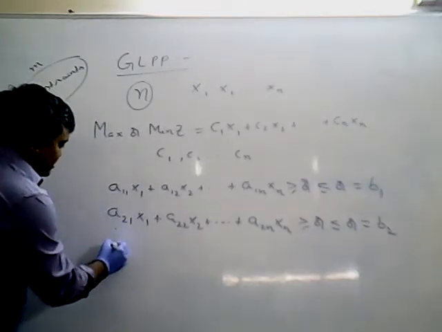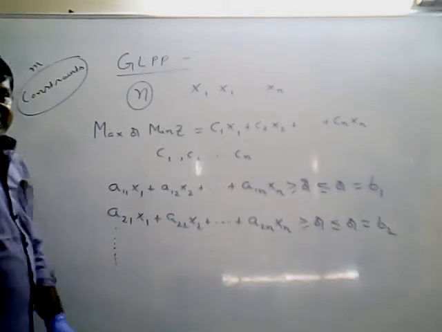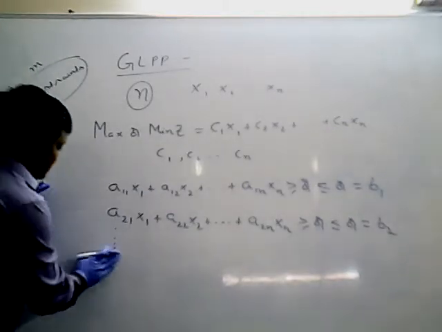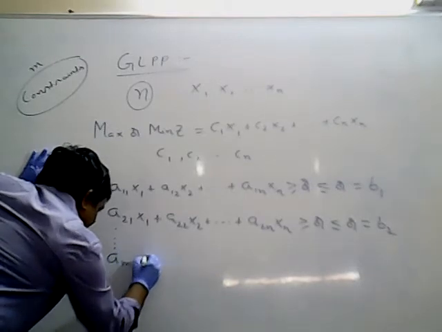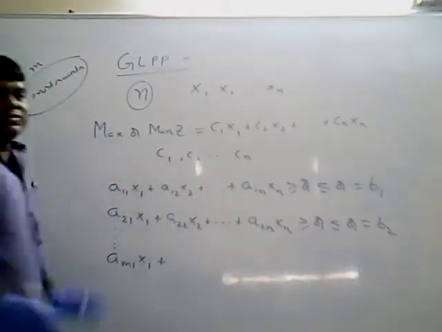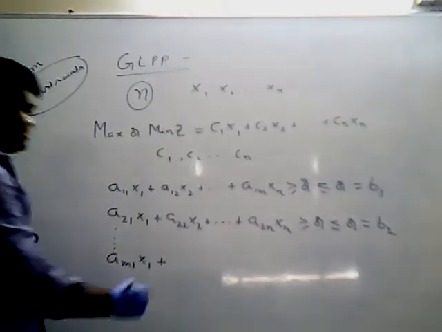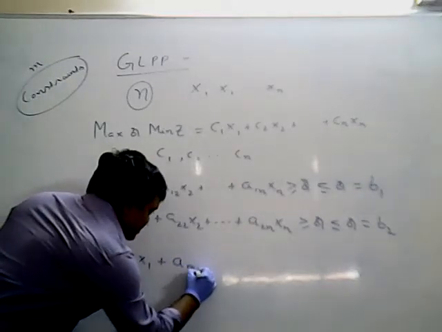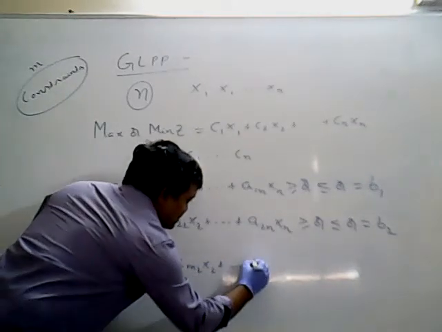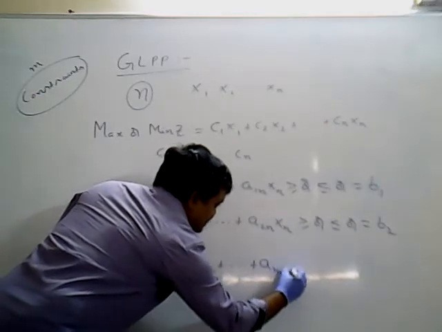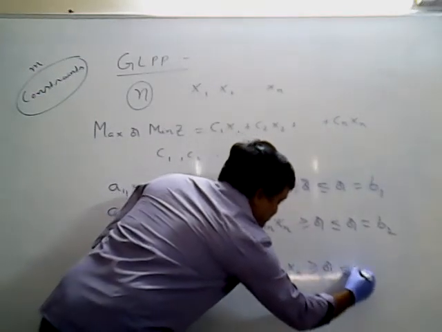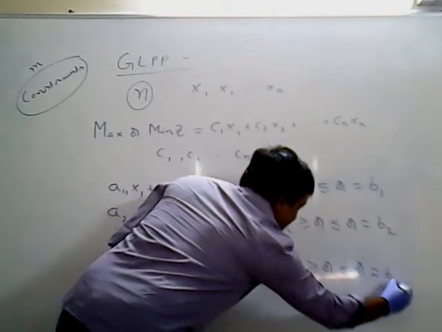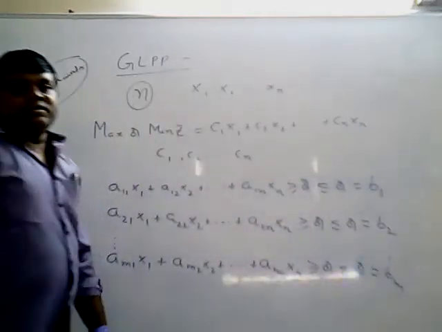If you go on like this, because you have considered m constraints, the last constraint will be am1 x1 plus am2 x2 plus so on amn xn is greater than or equal to, or less than or equal to, or equal to bm.